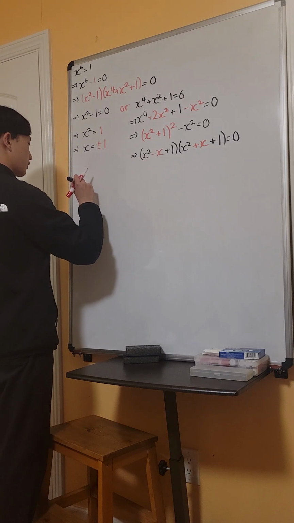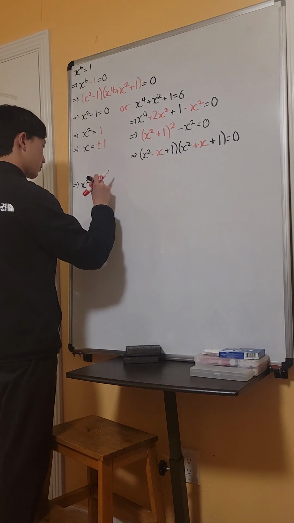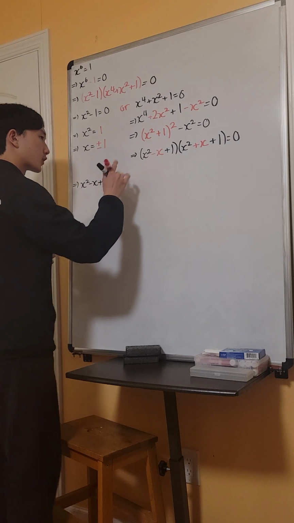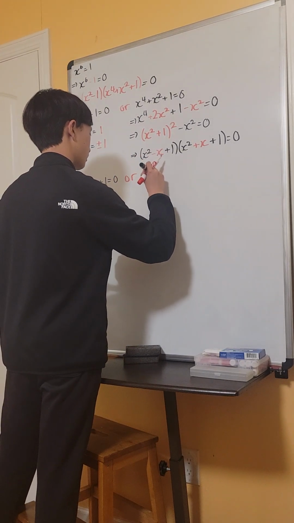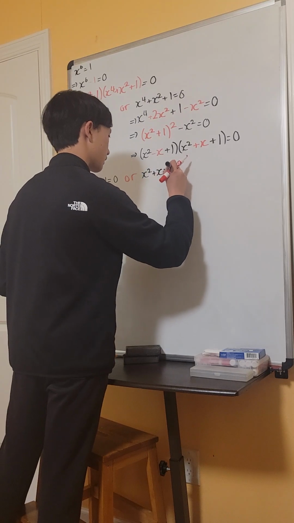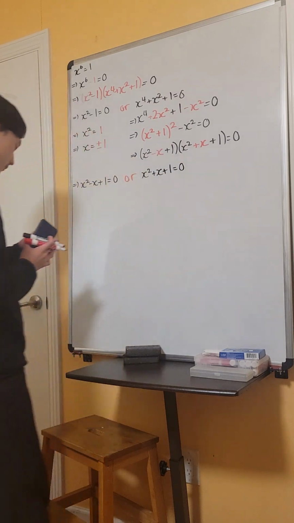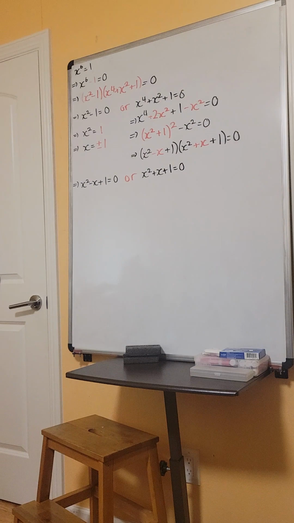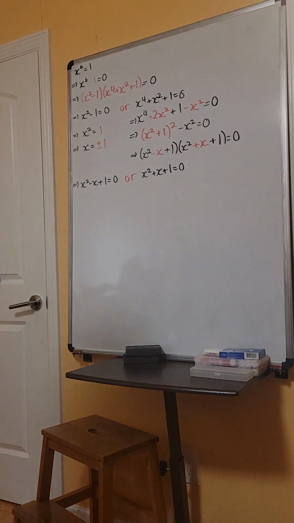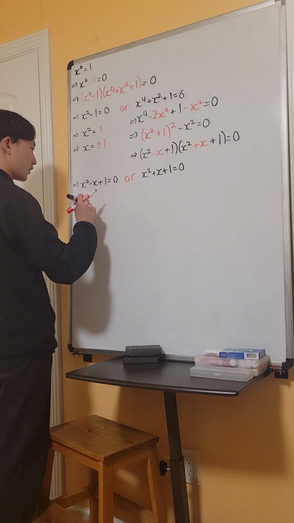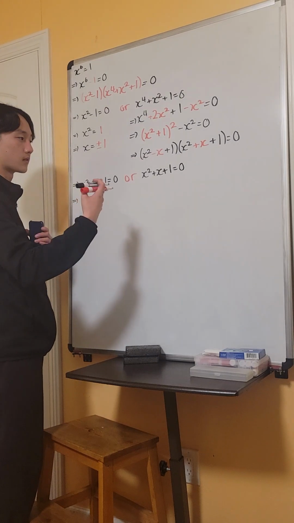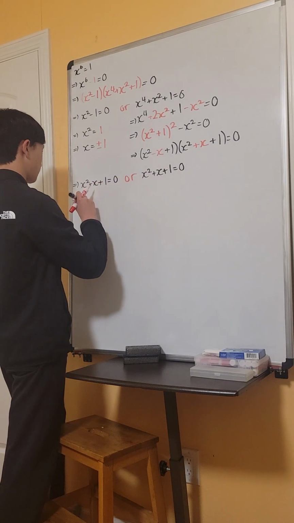So it's either x squared minus x plus 1 is equal to 0, or x squared plus x plus 1 is equal to 0. Okay, so this one right here, very nice. Just complete the square. Same thing with that one.